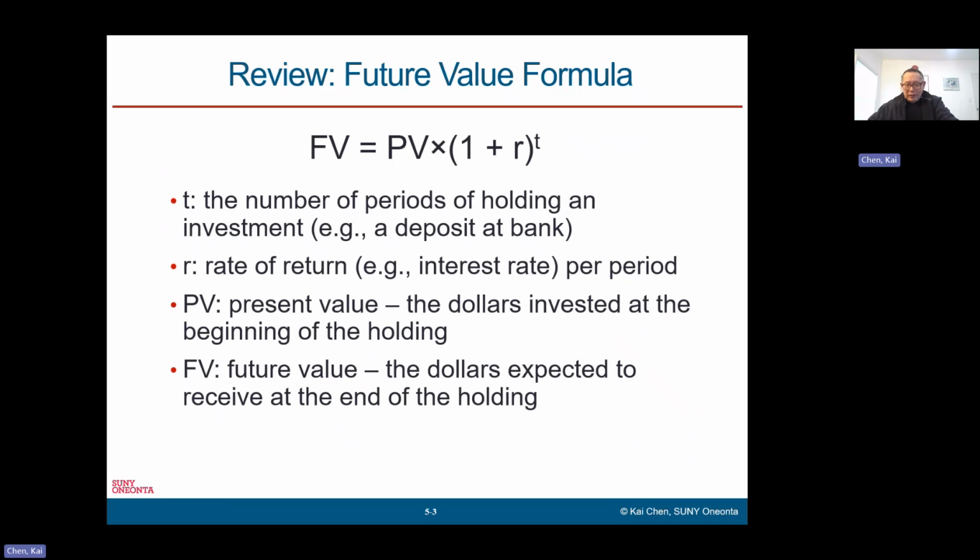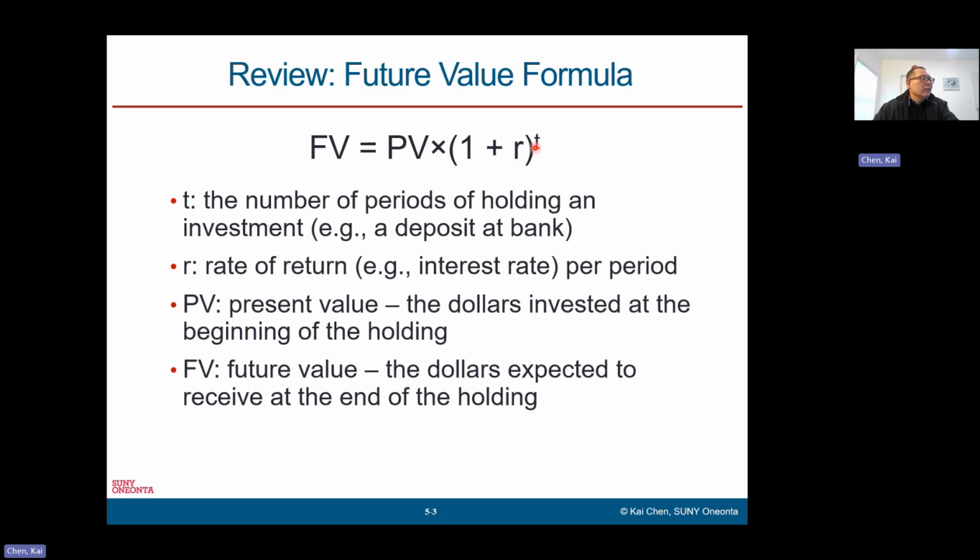Before we get started, I would like to review the future value formula. We know future value equals present value times 1 plus r raised to the power of t.